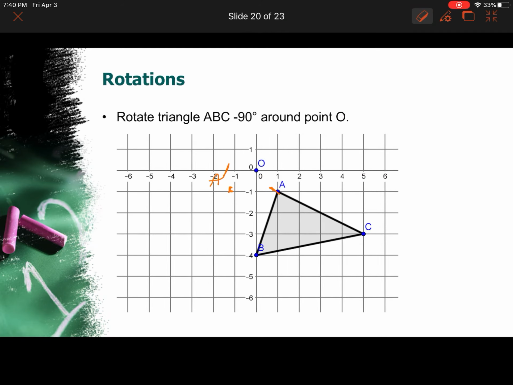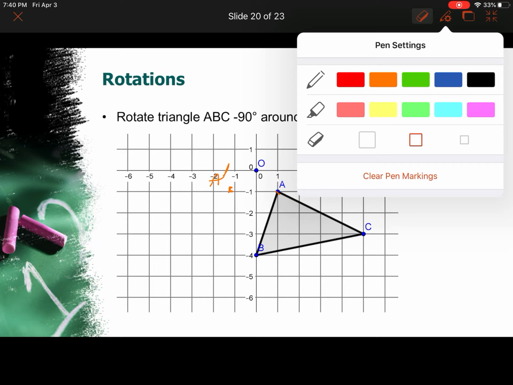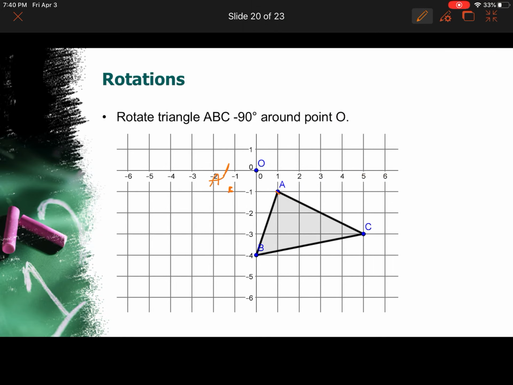And let me get rid of those points. Okay, so B is right on that y-axis, so it's going to end up right on that x-axis. That'll be B prime.